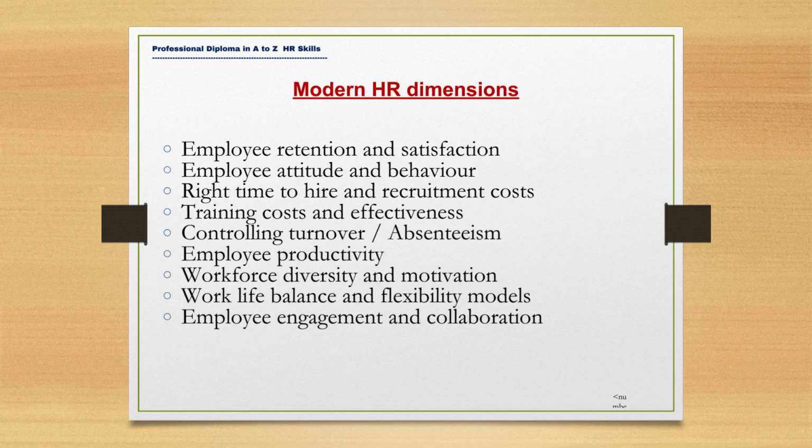These are the basics of modern HR dimensions for your learning, because we're talking about the professional diploma in A to Z HR skills. One of the skills you need to have is modern HR dimensions. You need to understand all those activities in different HR dimensions.